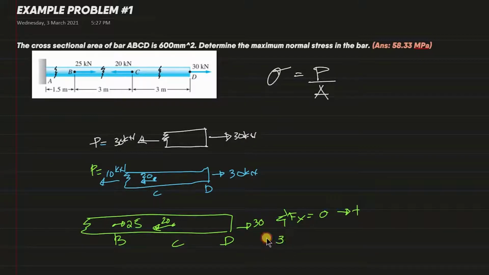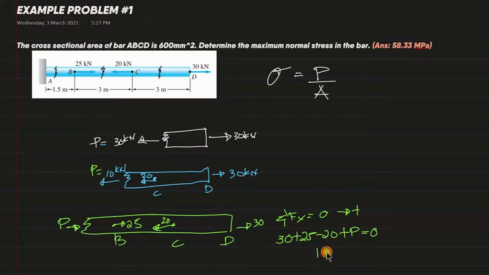Ito, we have 30 plus 25 minus 20 kasi yun lang naman yung papuntang left, di ba? So, yung force dito, let's say that's P. Assuming na pag ganun muna siya, P is equal to 0.